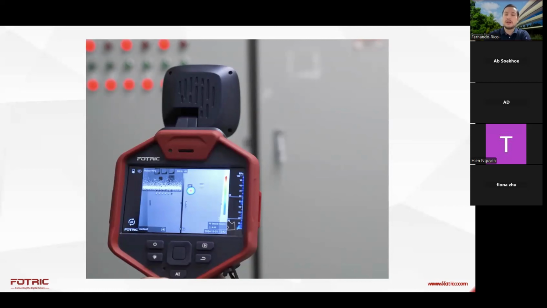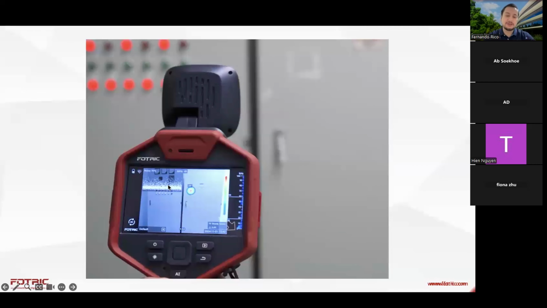So what many of our users in different countries, but especially in the US, are doing is they're using their mixed camera to check through the seams of the enclosure, switch panels, distribution panels, transformer panels, etc. They check before they open.